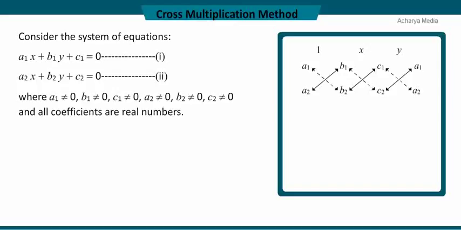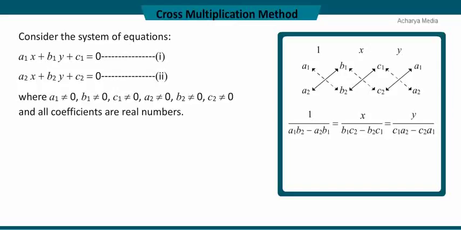Then, by cross multiplying, we get the first term as 1 by a1b2 minus a2b1. By the next cross multiplication, we get x by b1c2 minus b2c1. By the last cross multiplication, we get y by c1a2 minus c2a1.